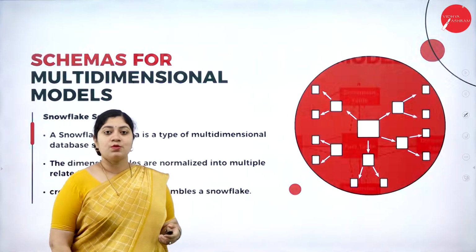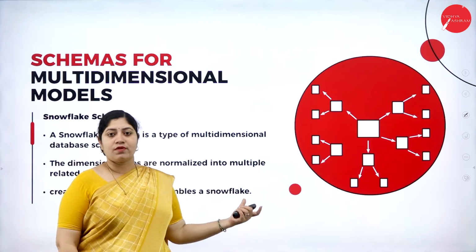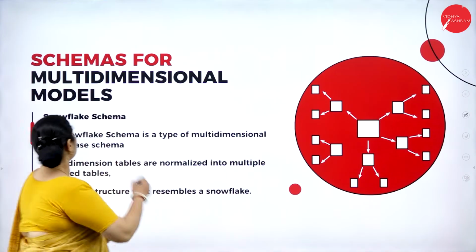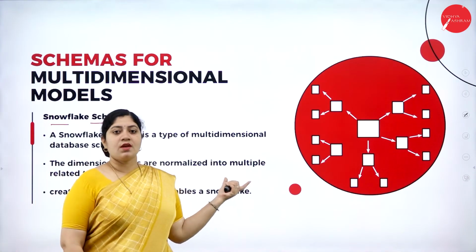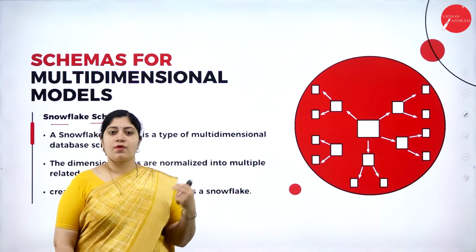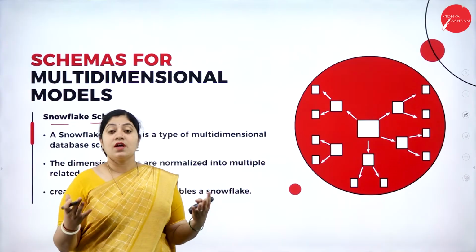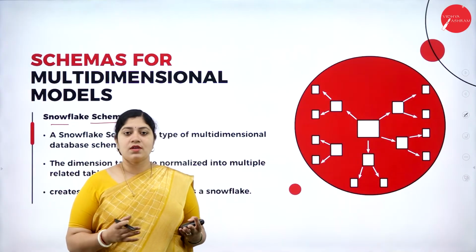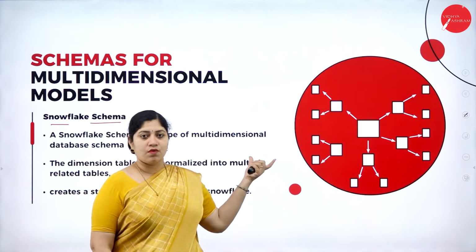Up next, let's move forward and understand the second type of representation of multidimensional data, that is none other than our Snowflake schema. This type of schema is utilized for a bit more complex type of information where there will be multiple tables or images. A Snowflake schema is a multi-dimensional database representation format.